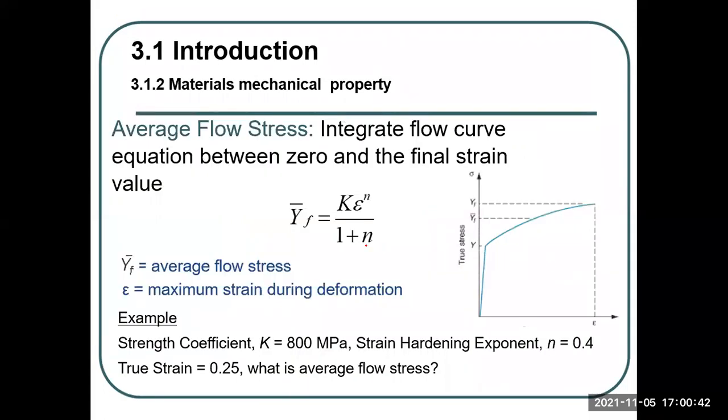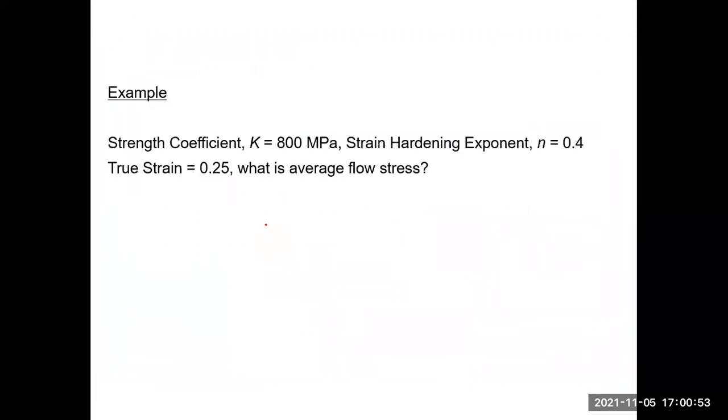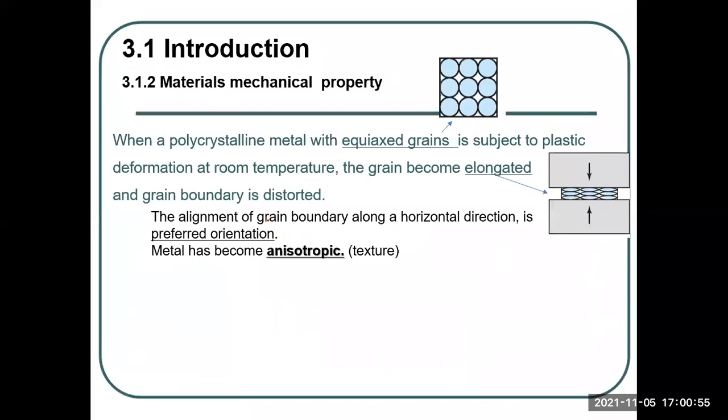Okay, and also the average flow is very simple, right? You just divide by 1 plus n. These are simply equations, and we have done this together. Also, when you have a polycrystalline metal that starts with more or less equiaxed grains, it is more or less similar in all directions. This we call equiaxed grains.